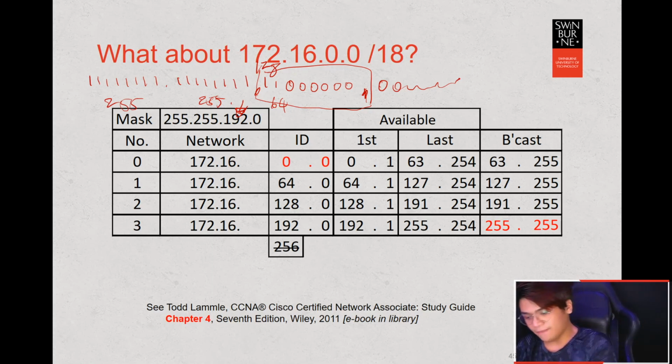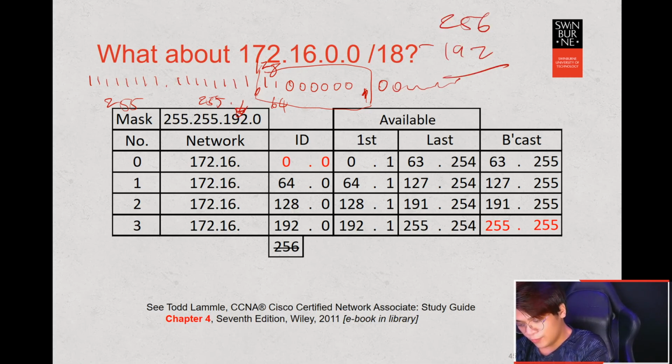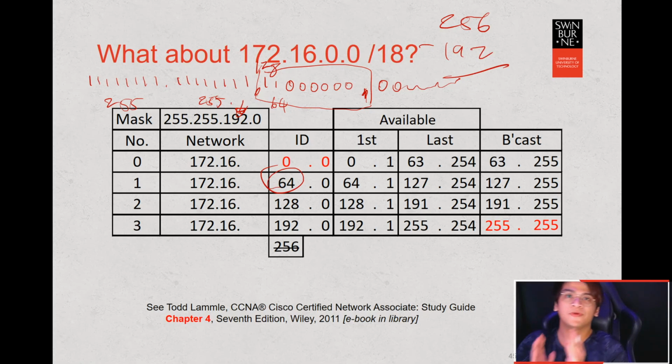So subnetting in a flash, 256 minus 192, we get 64. So the first subnet, subnet 0, is 172.16.0.0. Because our hop is 64, subnet number 1 is 172.16.64.0.